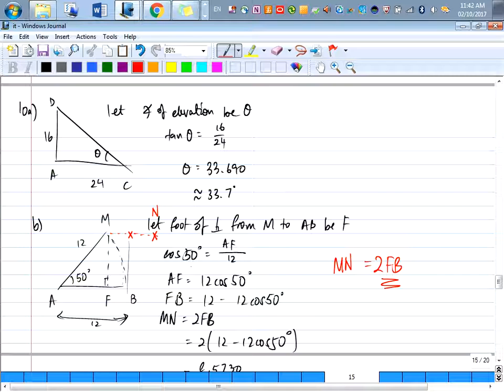Yiting, what is the length from A to B? Okay, do we know the angle MAF? Do we know the angle MAF? It's given, right? 50 degrees.